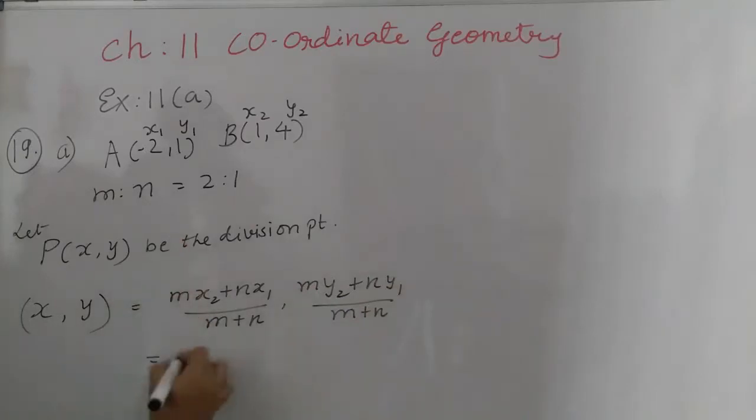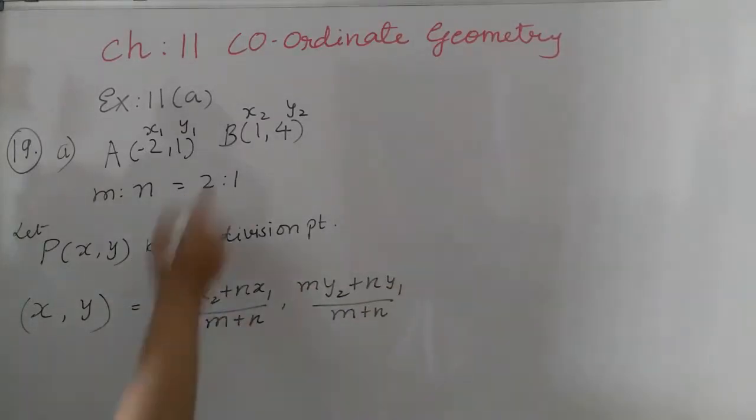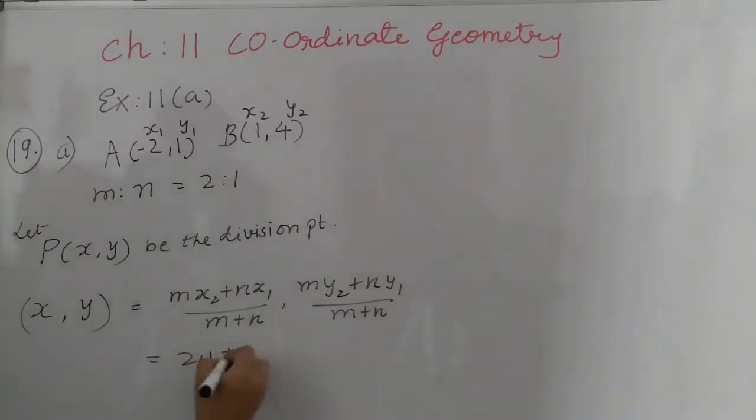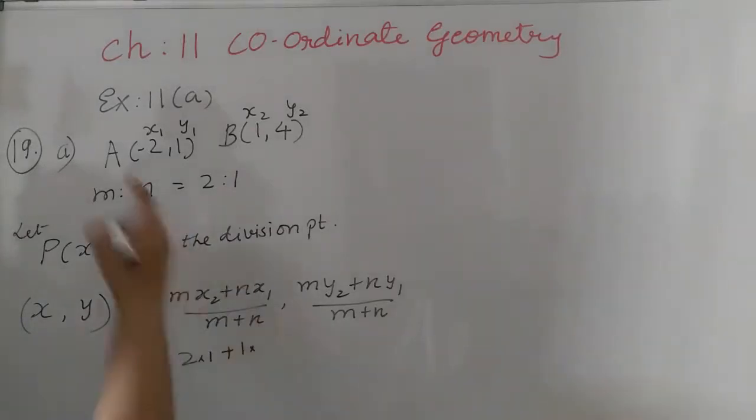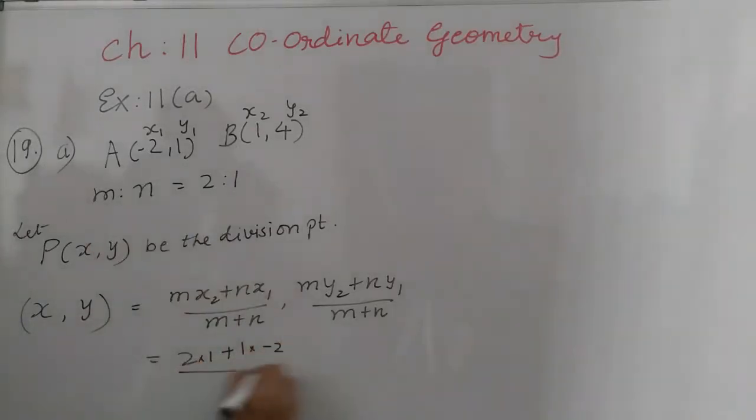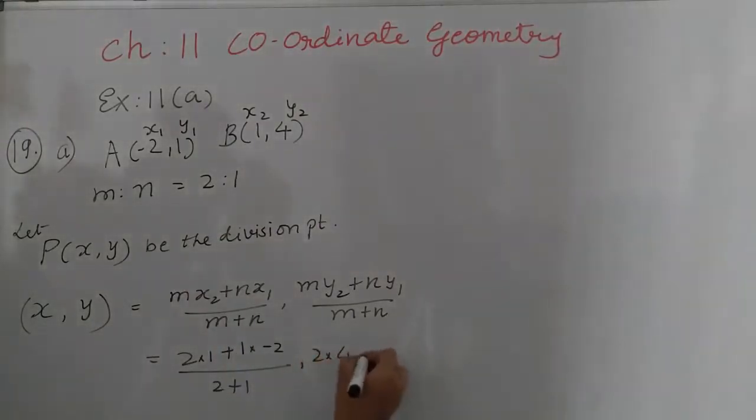Now m is 2, x2 is 1, n is 1, x1 is -2, m + n is 2 + 1. Again m is 2, y2 is 4, n is 1, y1 is 1, 2 + 1. So x = (2 - 2)/3 and y = (8 + 1)/3.